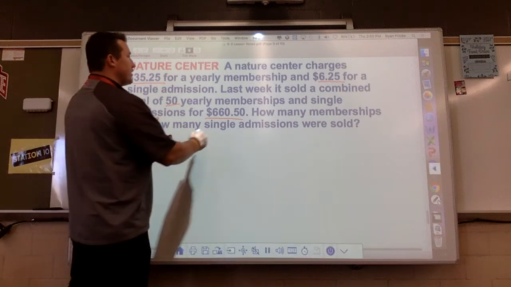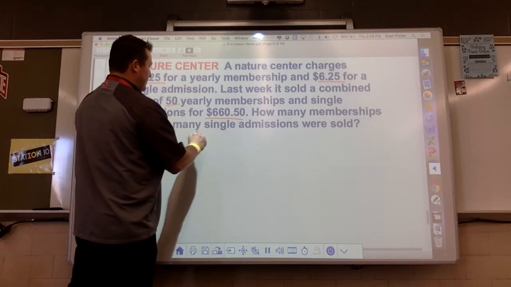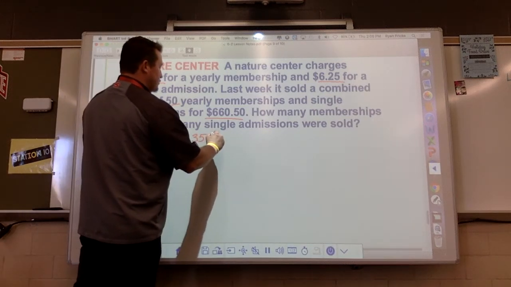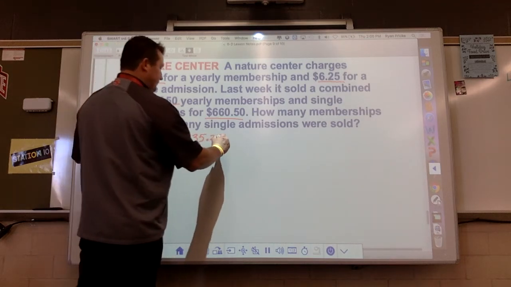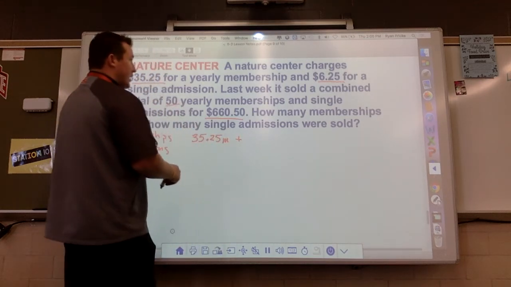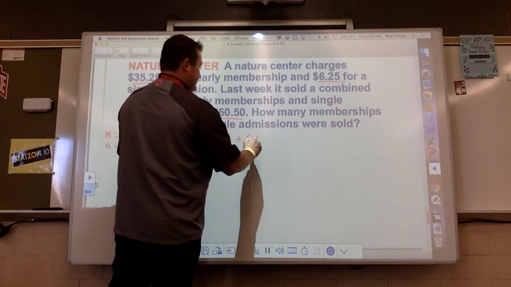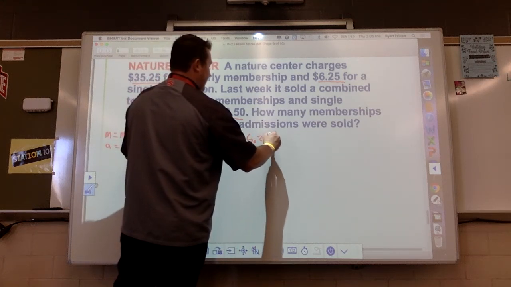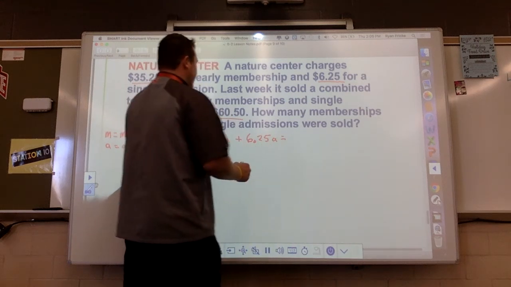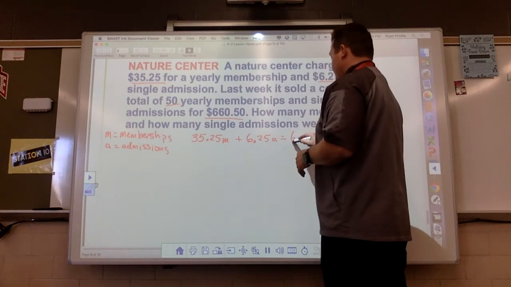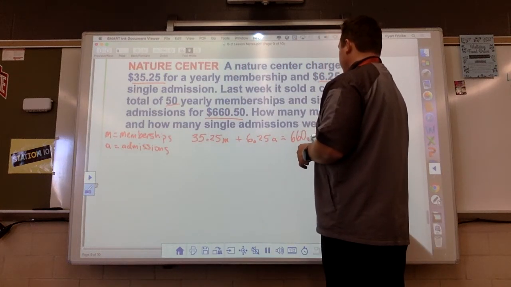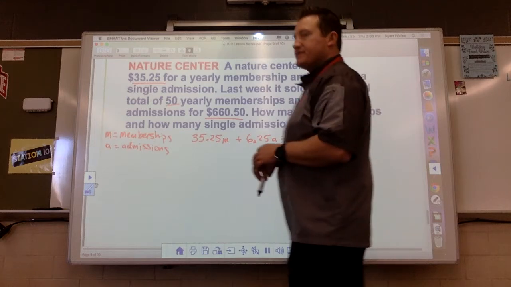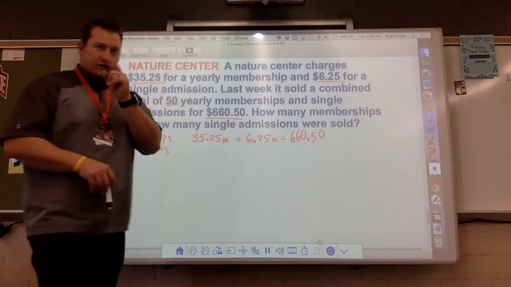So there's your first one. I'm going to say 35.25M plus 6.25A, and that's going to equal how much we made? $660.50. There we go, there's your first equation.